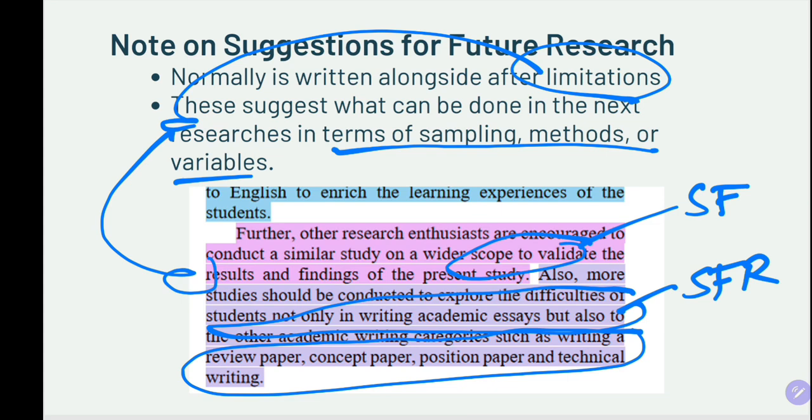The recommendations provide the benefits of the study for the stakeholders, while the suggestions for future research provide certain improvements of the current study that the next researchers should be addressing.